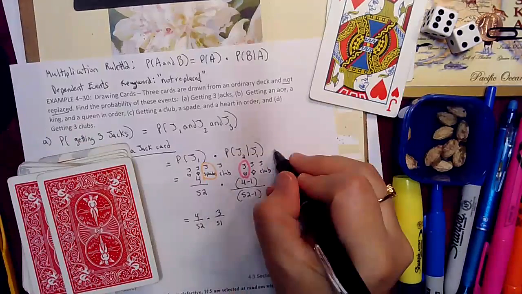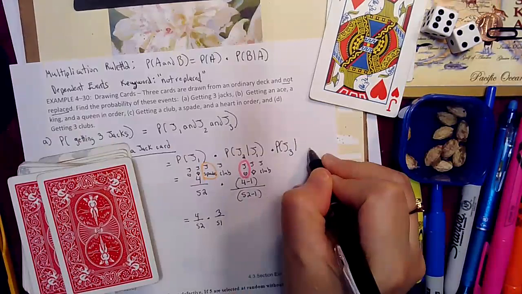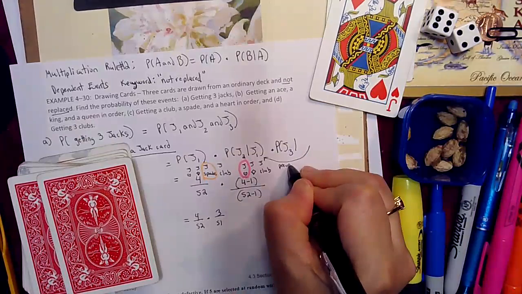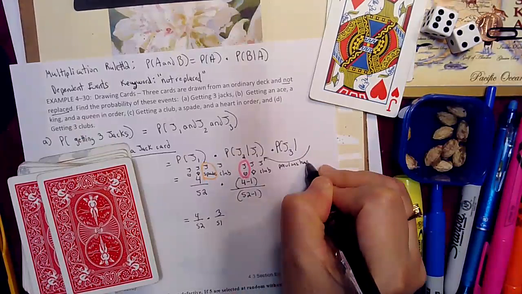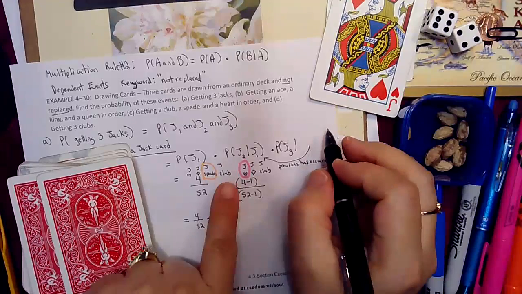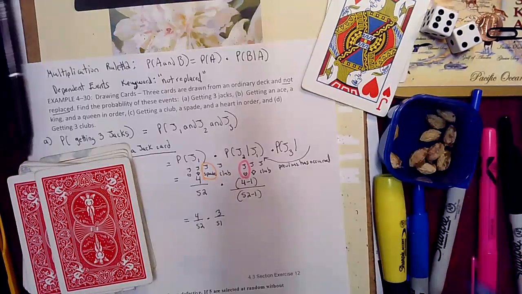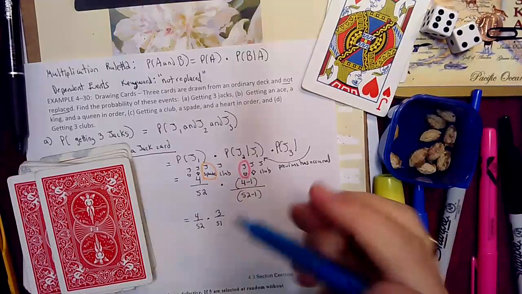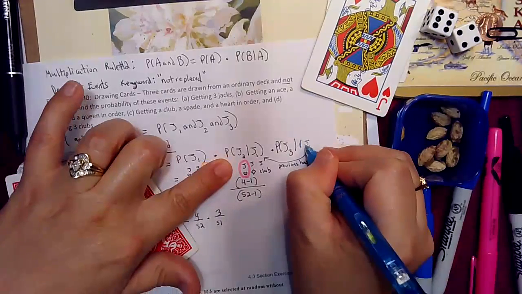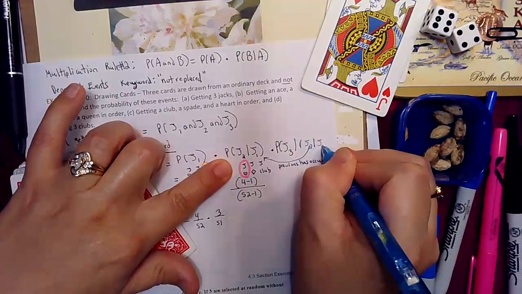So now you have times the probability of the third card, given that the previous has occurred: J sub 2 given J sub 1 has already occurred.